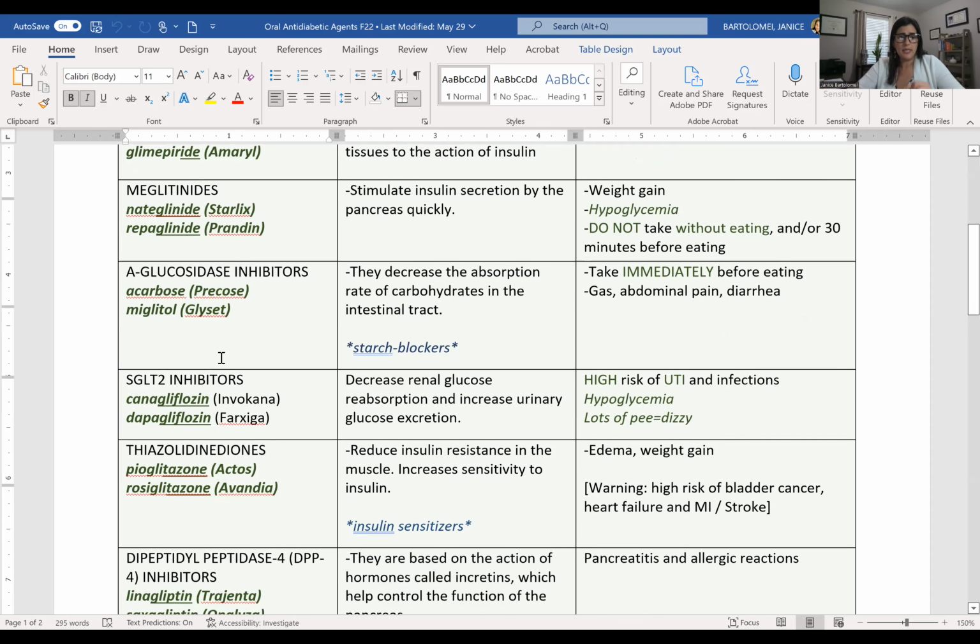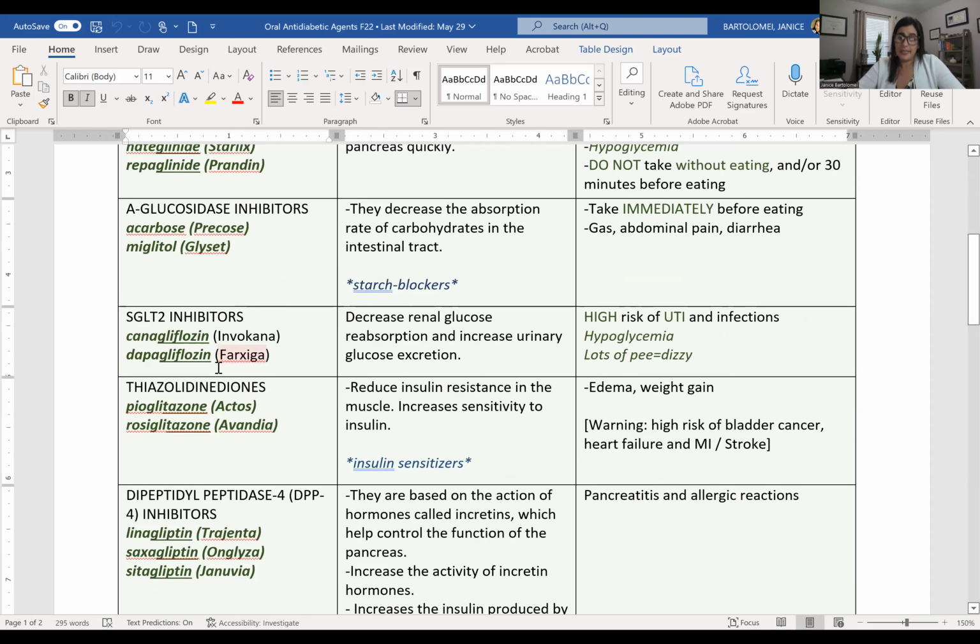The next one is SGLT2 inhibitors. They end in gliflozin. They decrease renal glucose reabsorption and increase urinary glucose excretion. And this kind of happens in the, what do you call it, in the renal system.